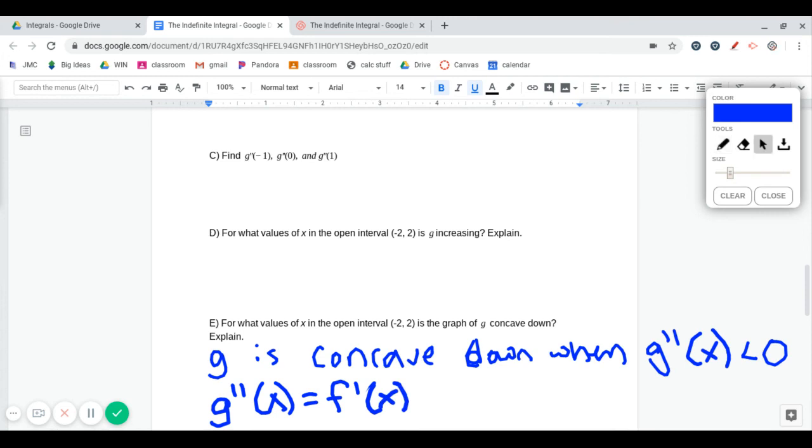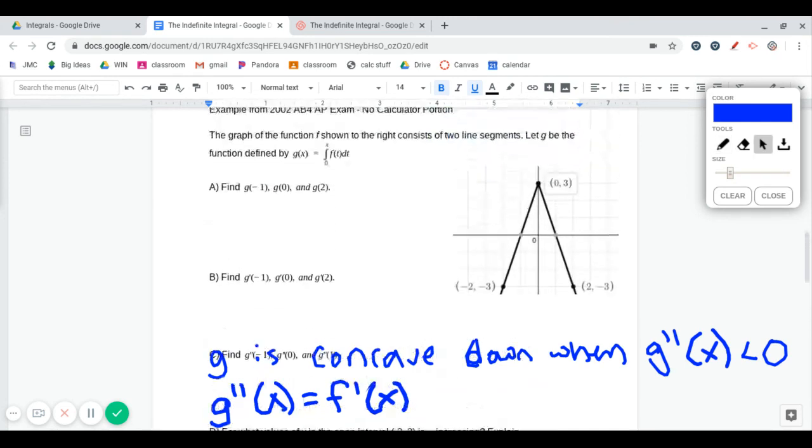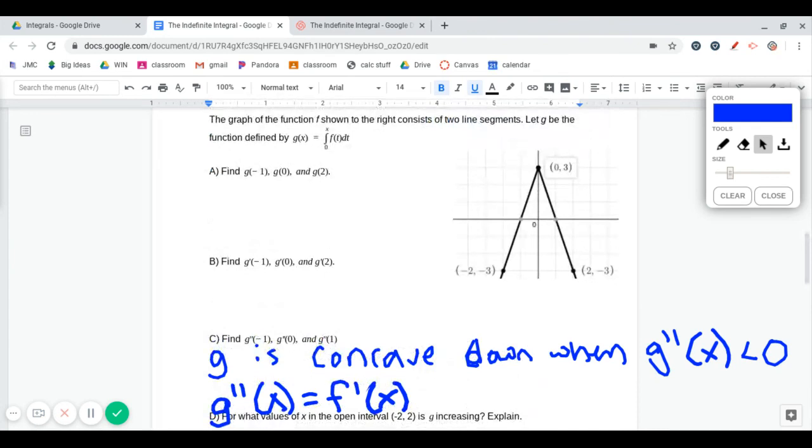So now, let's go up to this graph. Remember that g is concave down when the second derivative is less than 0, so in our graph, when the first derivative is negative, which is just when our graph has a negative slope, which is from 0 to 2.